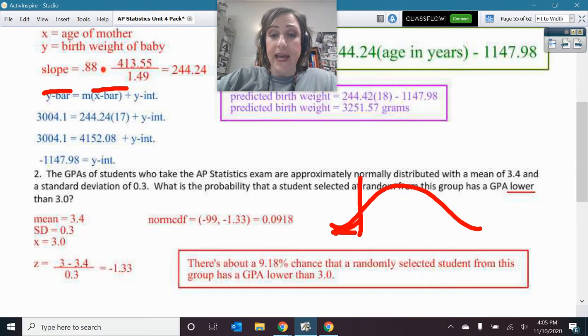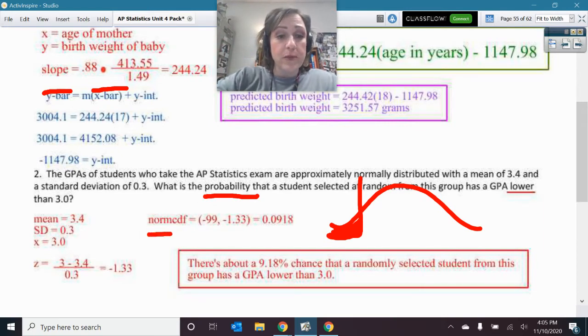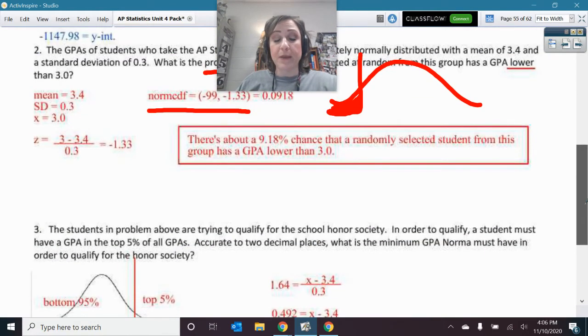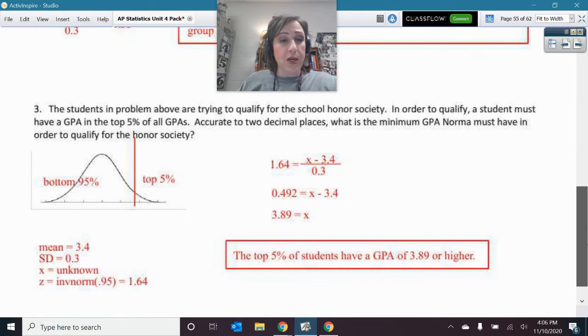And I want that percent of area, the probability, remember probability, percent, proportions of observations, use norm CDF to get that area. So about a 9.18% chance the randomly selected student has lower than 3.0.